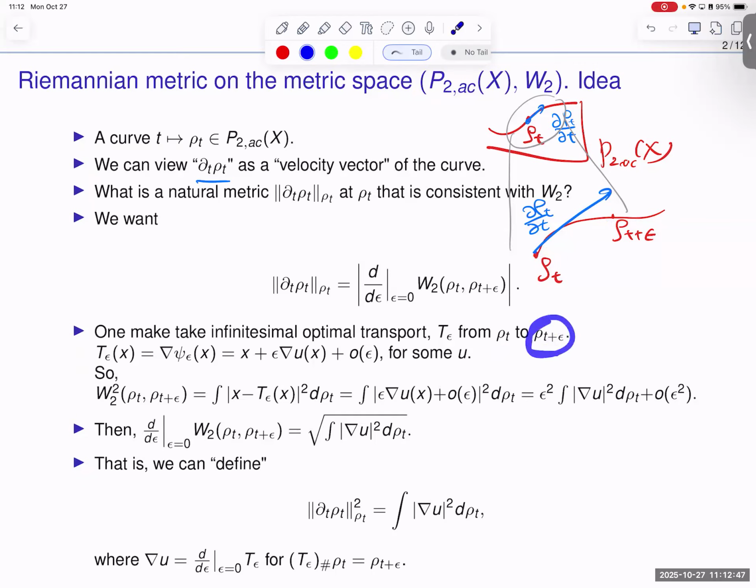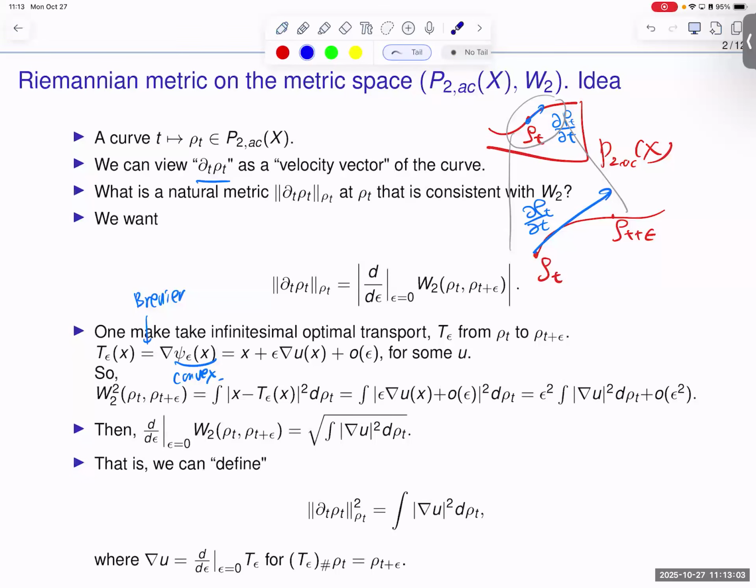Now we have slight change of the target distribution. So you can expect that the optimal transport should be given, by Brenier's theorem, as the gradient of a convex function.